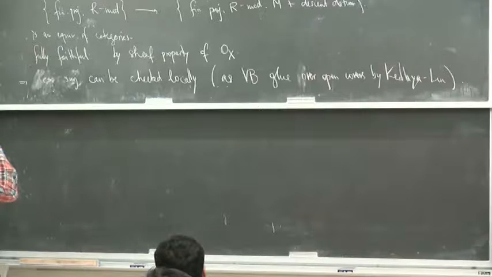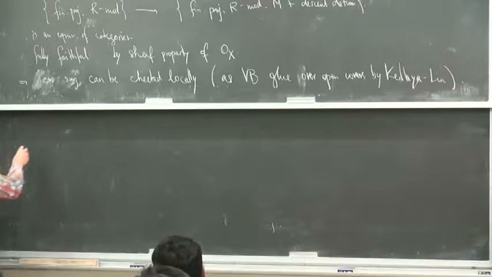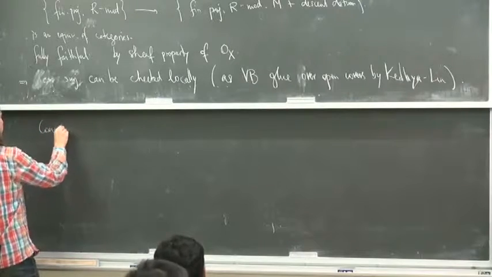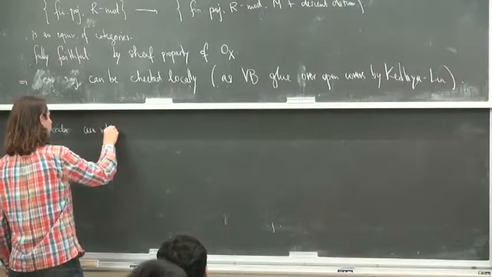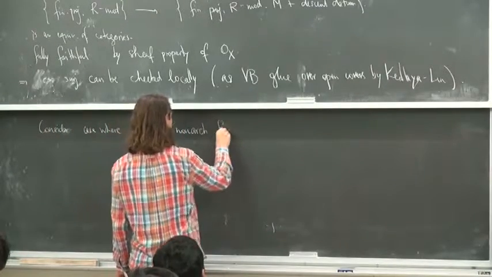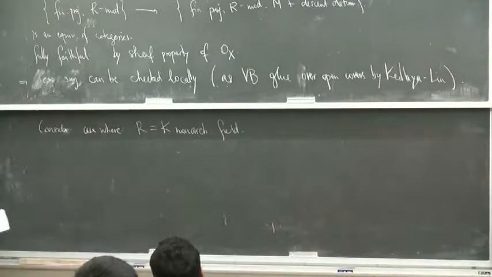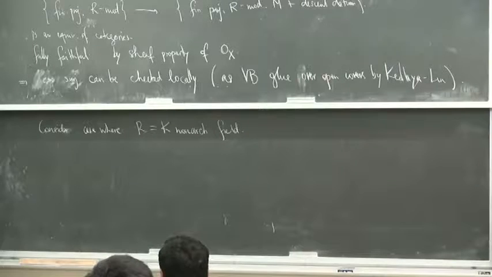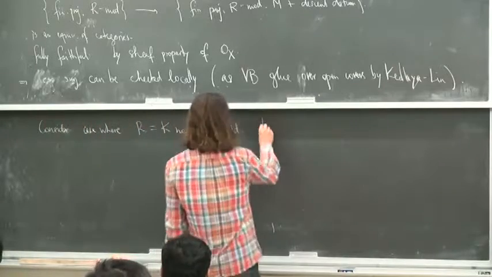And so actually let me first do the case where there's just a point, where k is a non-archimedean field. And then actually the usual proof of descent works. The point is that in that case, tensoring with the completed tensor product with a k-Banach space preserves acyclic complexes of k-Banach spaces and detects acyclicity.